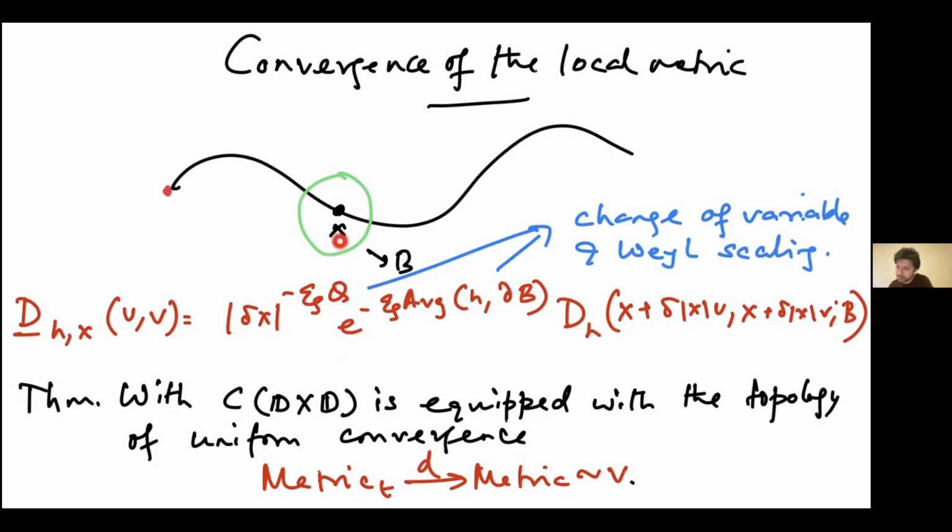I take this induced metric inside the ball and push everything to the unit disk. So the metric can be thought of as a continuous function on D cross D. You can again look at the empirical observable from 0 to e to the power t tau, in the topology of uniform convergence on compact subsets.